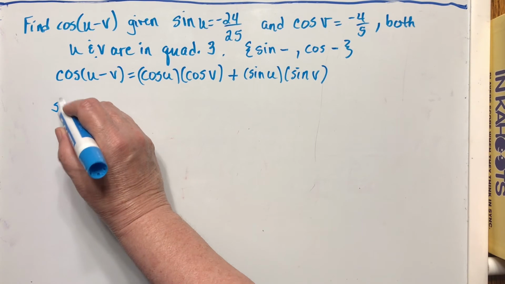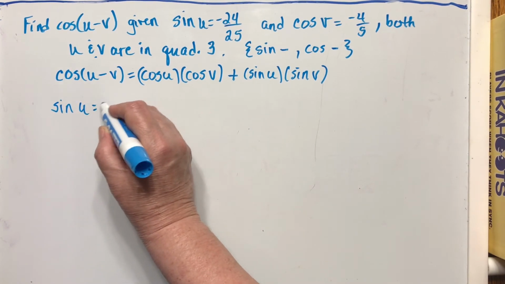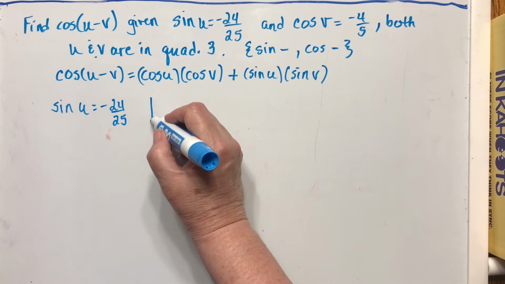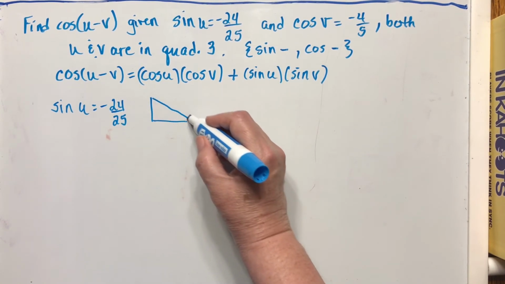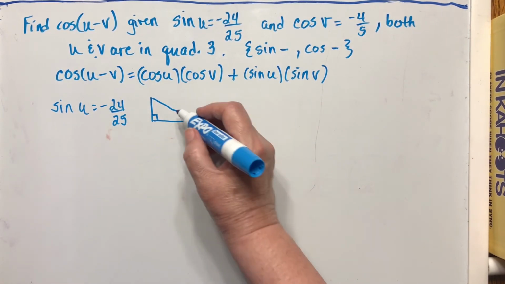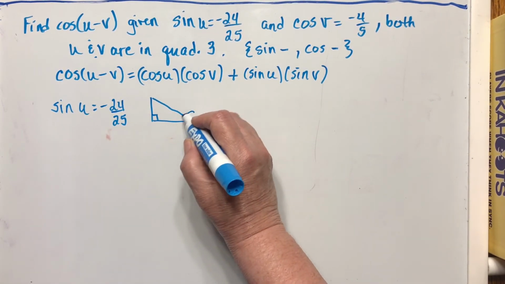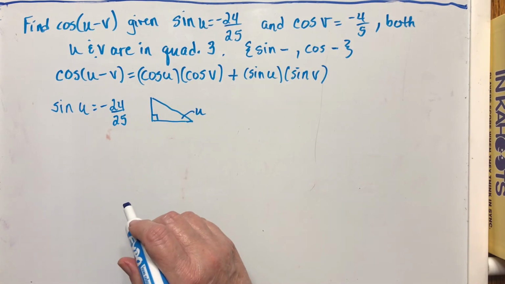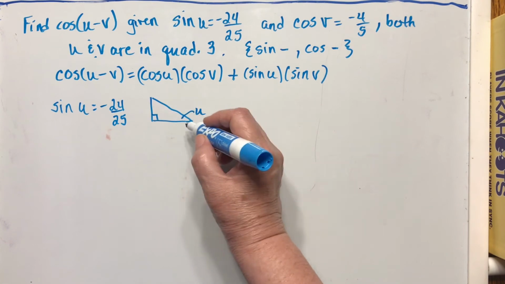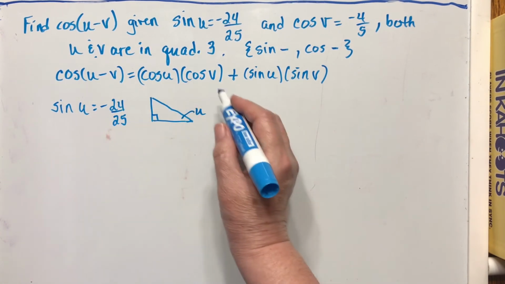So our first bit of information, we're given that the sine of u is negative 24 over 25. So I'm going to draw a right triangle, and here's my right angle. And that's going to help me find cosine u. So I'm going to call this angle here my angle u. Sine is opposite over hypotenuse, and when you're labeling the sides of a triangle, you ignore the negative.